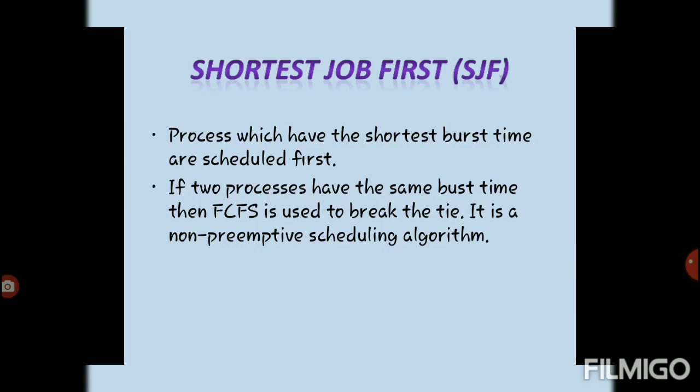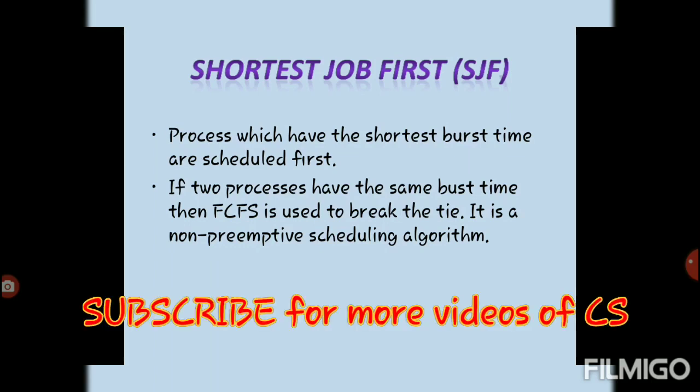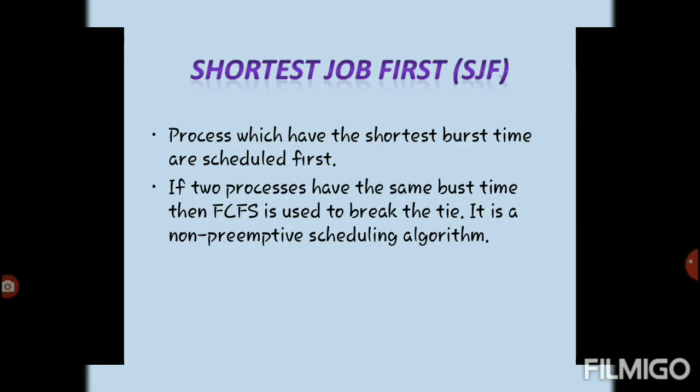So which is the minimum burst time? The last process. Even though it is the last process, it has the minimum burst time, so that will be served first. So shortest job first. I hope you understand. The shortest job will be served first.